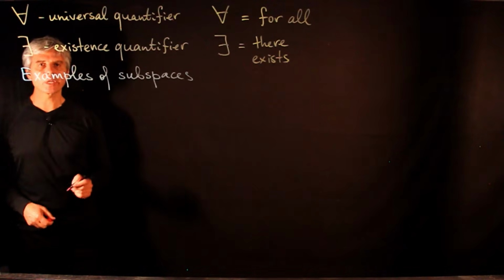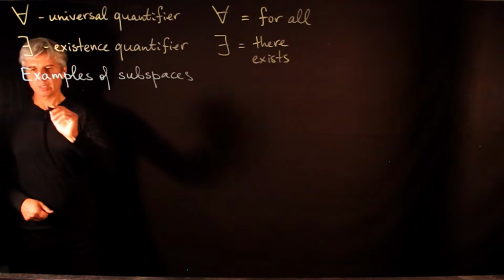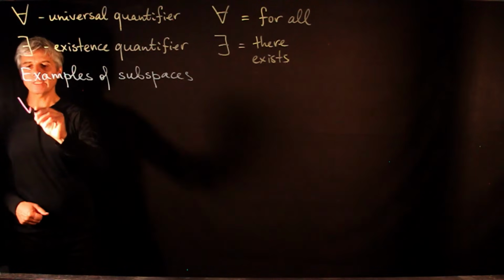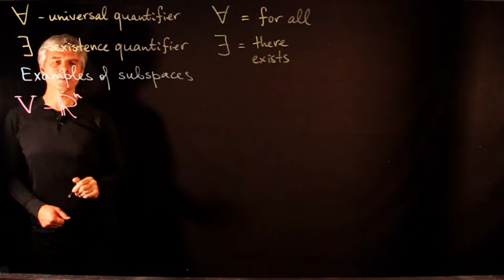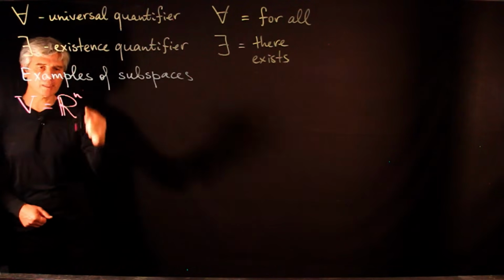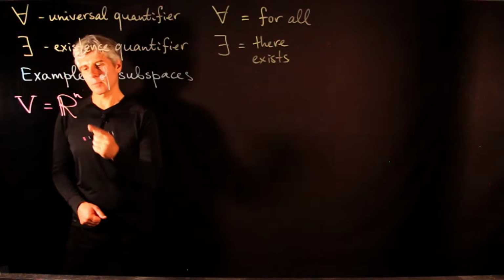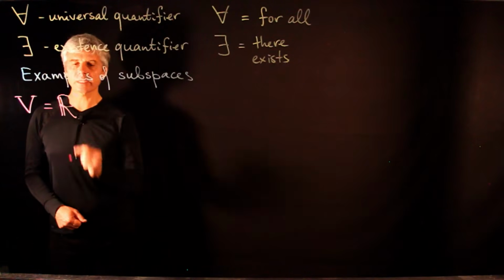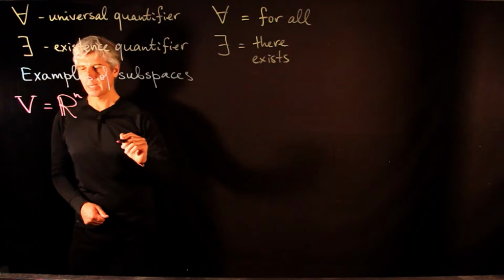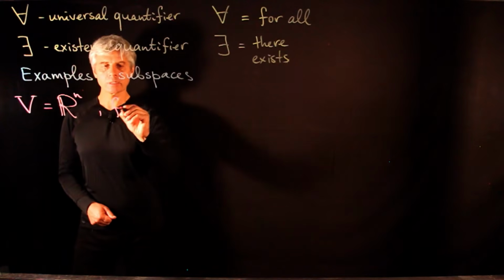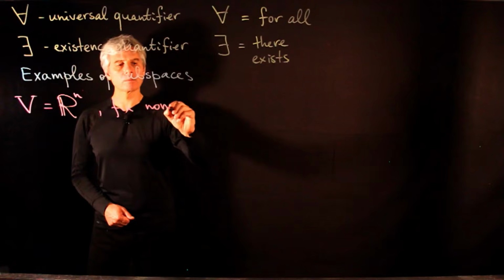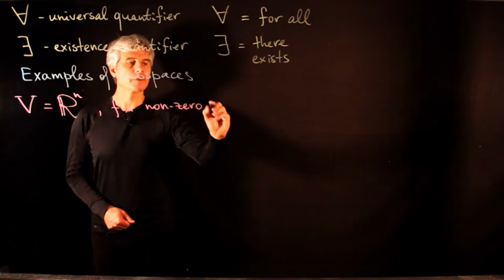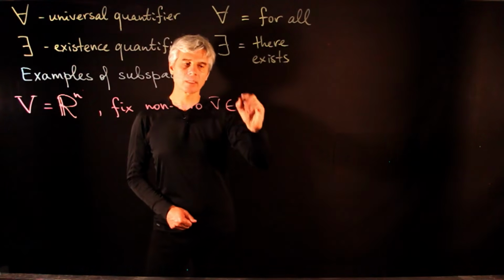Let's give more examples of subspaces. Suppose now V is R^n. This is a vector space of n-tuples with real components, and it's a vector space over R. And fix some non-zero vector v in R^n.